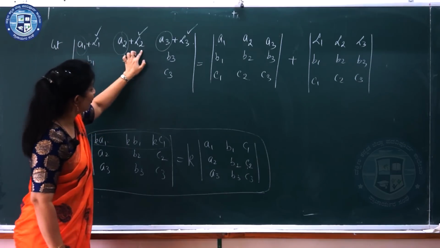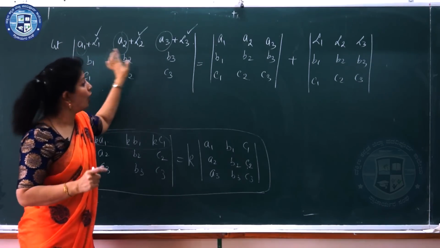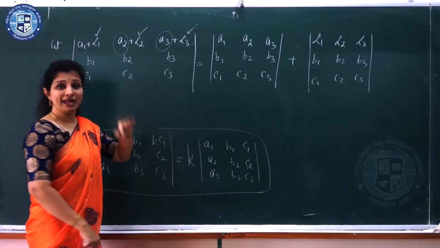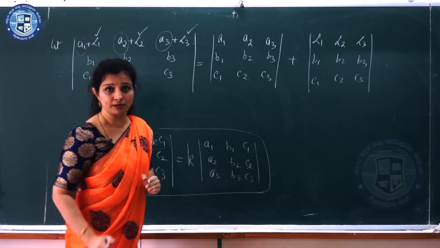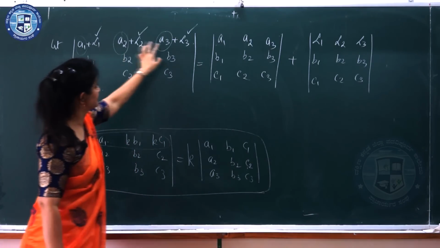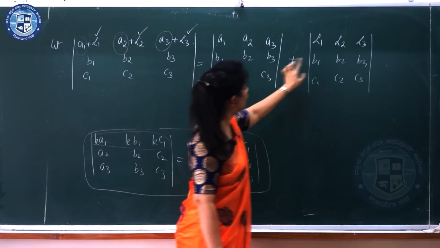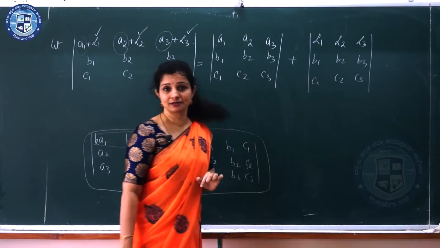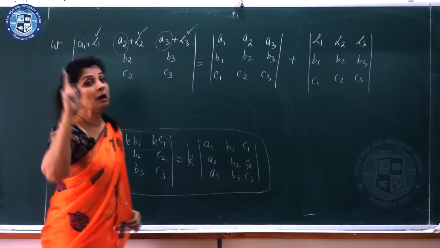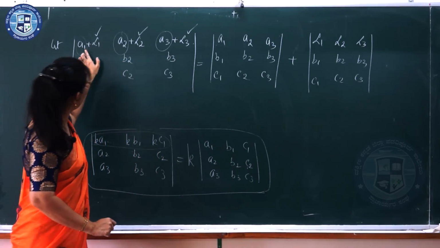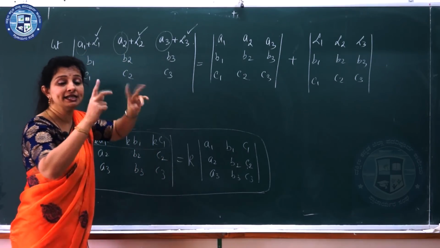If each element of any row or any column can be expressed as a sum of 2 terms, then its value is the sum of 2 determinants. We can split this into 2 determinants, but the condition is that only one row's elements are written as a sum of 2 terms.